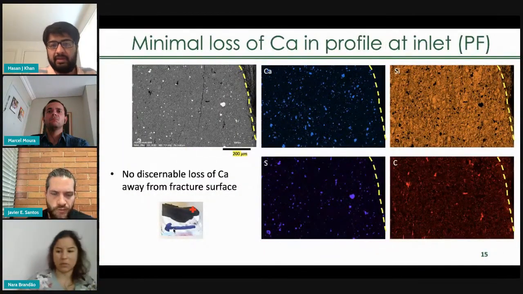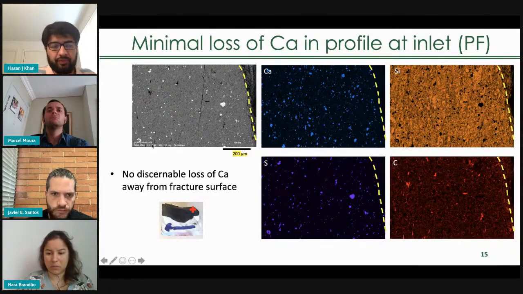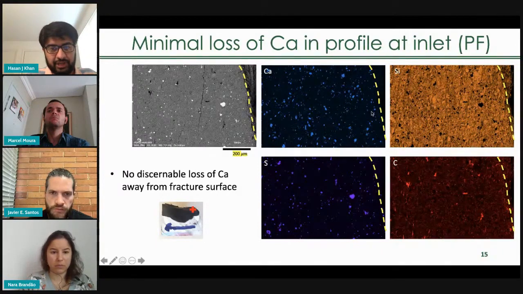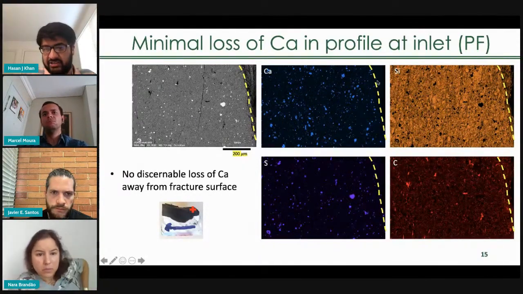Looking at the elemental maps in the profile phase, what we observe is that the calcium map is pretty uniform. We don't see a significant loss of calcium, anything similar to what we observed on the fracture phase. So again, just to reiterate, the yellow dotted line here is the fracture surface.